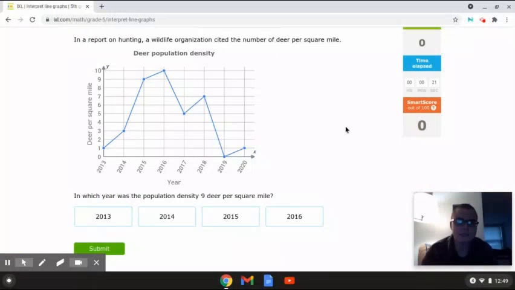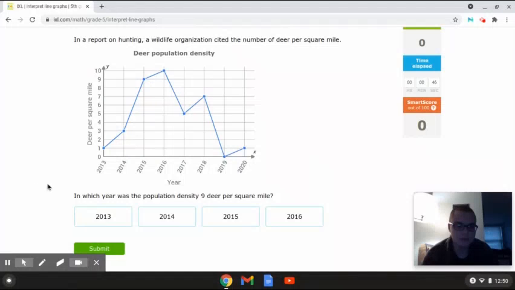Okay, so this next problem reads, in a report on hunting, a wildlife organization cited the number of deer per square mile. This line graph is showing us the deer population density. The x-axis is showing us the year, and the y-axis is showing us the deer per square mile. This question is asking us, in which year was the population density 9 deer per square mile?